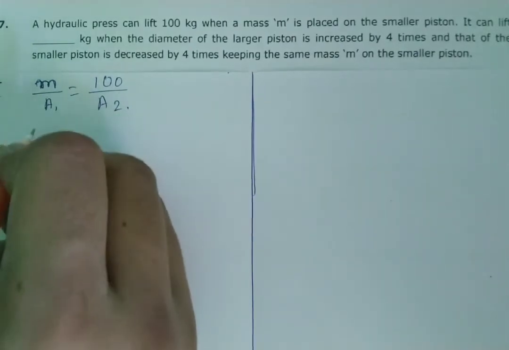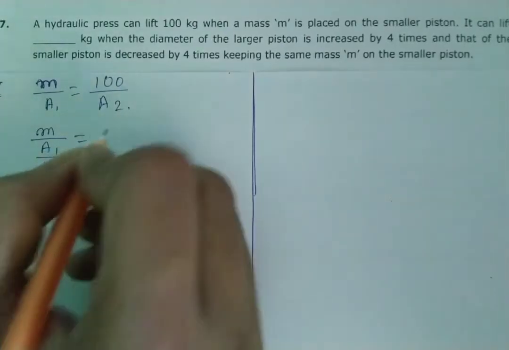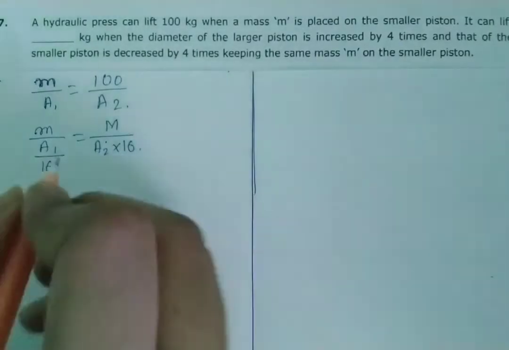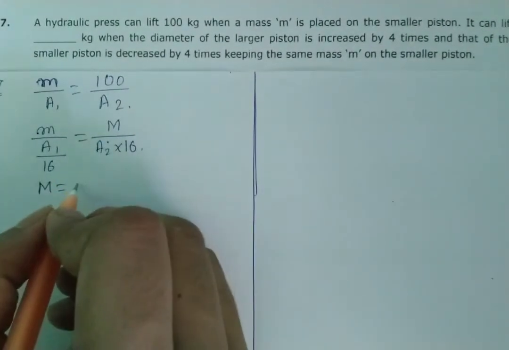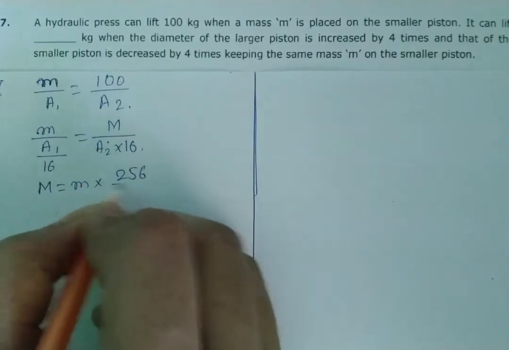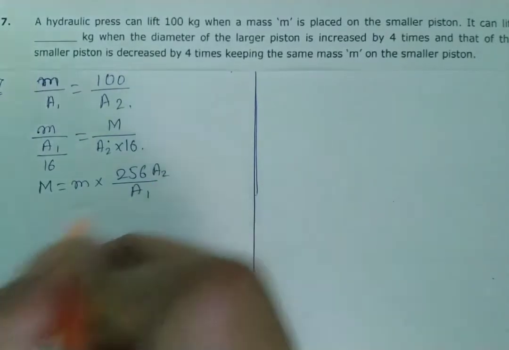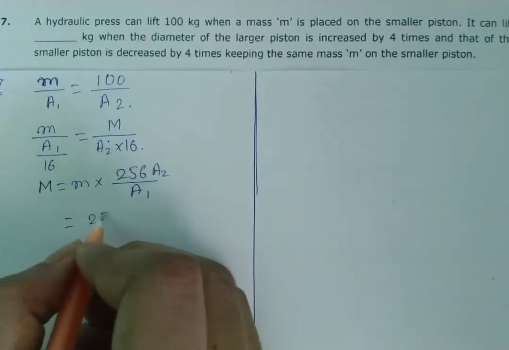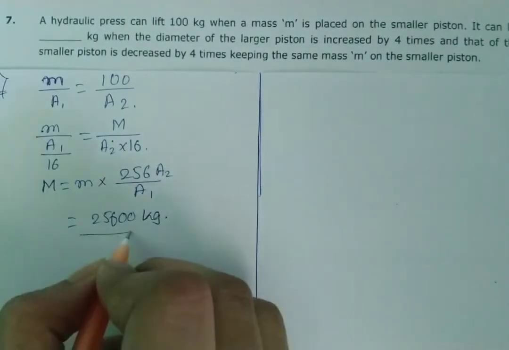In the second case, m by a1 by 16 is equal to m by a2 into 16. From this, m will be equal to small m into 256 by a2 into a1. After putting in the value, we get 25600 kg. So the required answer is 25600 kg.